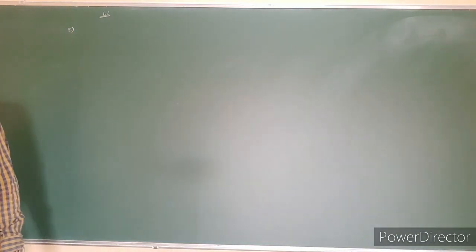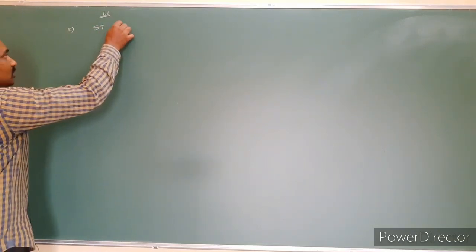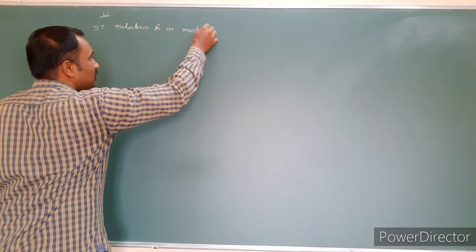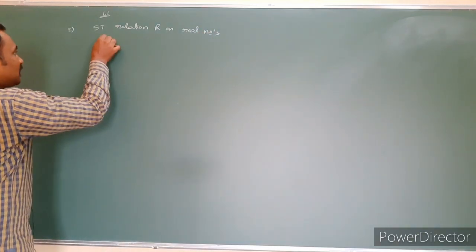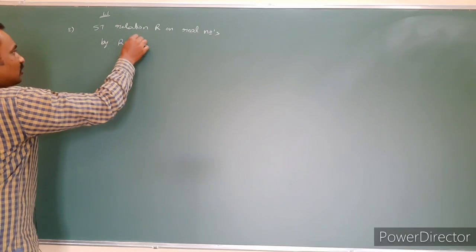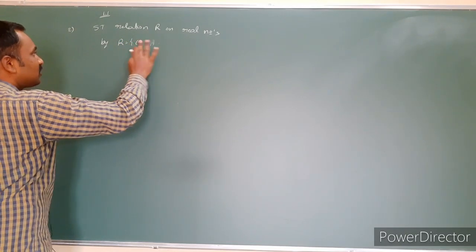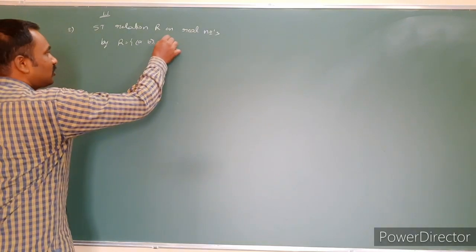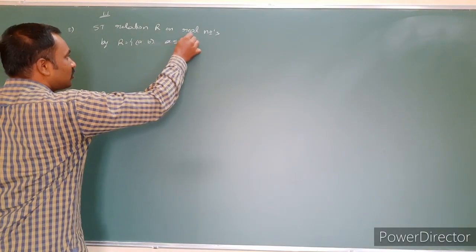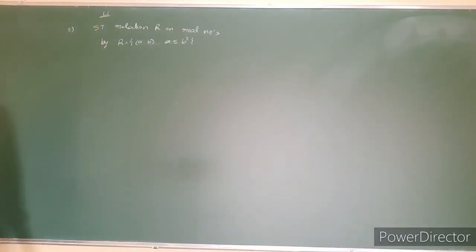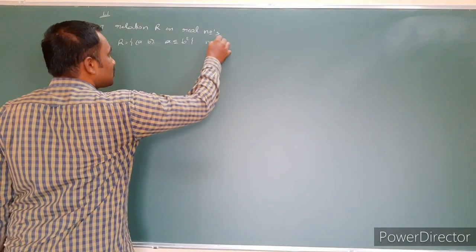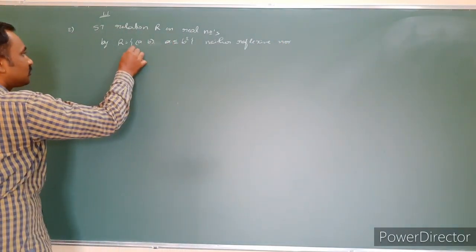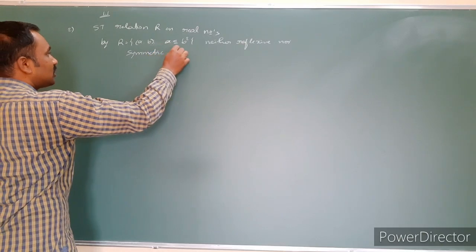What is the second example of the first exercise? Show that the relation R on the set of real numbers, defined by R = {(a, b) : a ≤ b²}, is neither reflexive, nor symmetric, nor transitive.